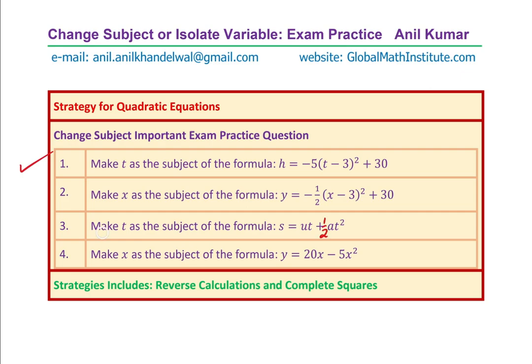We showed you how to make t the subject when the equation is given in standard form, which involves completing the squares and then reverse calculation. So the 2 strategies learned are completing the squares at the end, but before that, reverse calculations. So applying these 2 strategies, you can actually isolate or change the subject when quadratic equations are given to you.